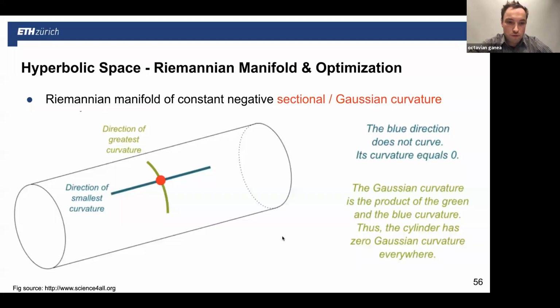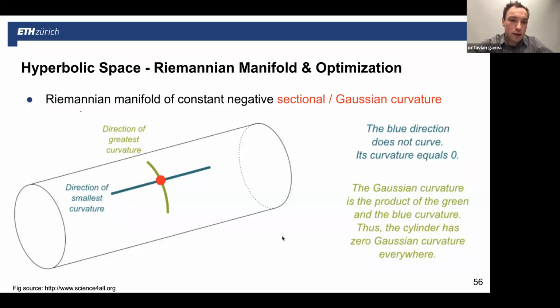If you have a 2D surface in 3D, then in order to compute the Gaussian curvature, you just have to find the two sectional curvatures that are the largest and the lowest. In the case of a cylinder, it's a positive value, which is the green sectional curvature, and the zero value, which is the smallest curvature. The Gaussian curvature is just the product of these two numbers.